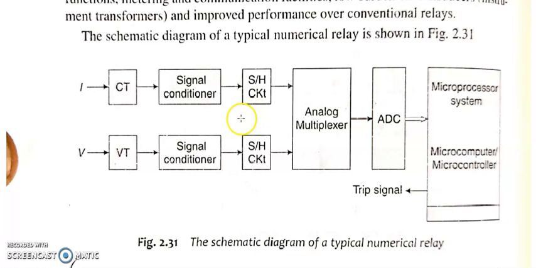The output of the signal conditioner is given to the analog interface, which includes the sample and hold circuit, the analog multiplexer, as well as the ADC, that is, the analog to digital converter.